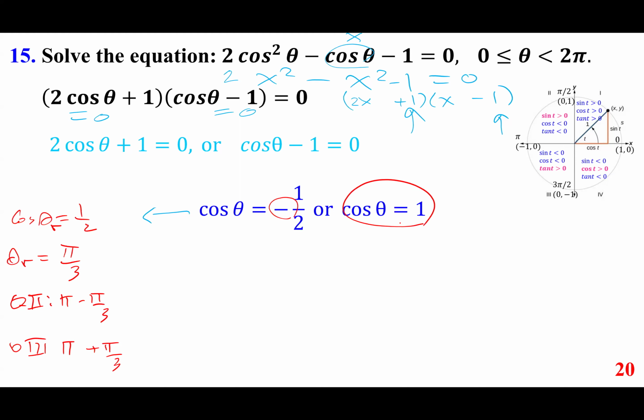And of course, cosθ = 1 when θ is 0. Of course, it continues indefinitely, but remember, we stop at 2π. Again, pretty straightforward.